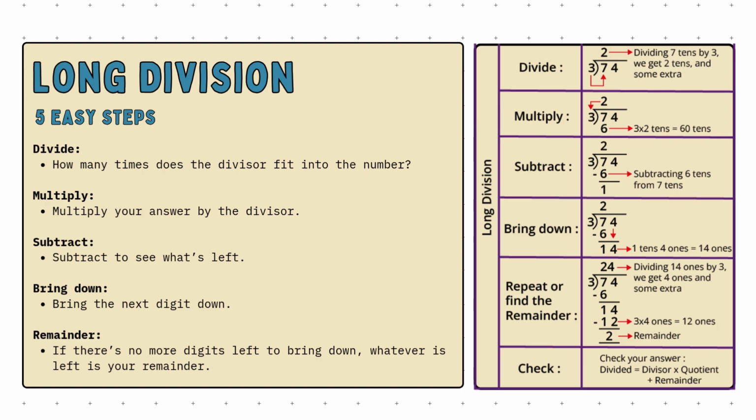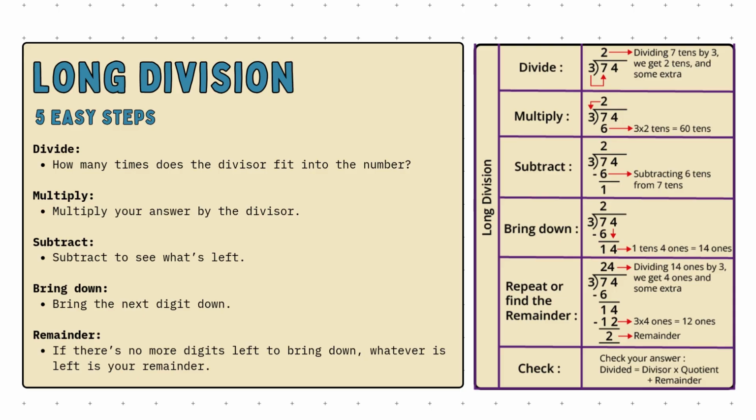So we write 2 above the 7, as you can see here. Now we multiply. 2 times 3 equals 6. Next, subtract. 7 minus 6 equals 1. Now we bring down the next number, which is 4.